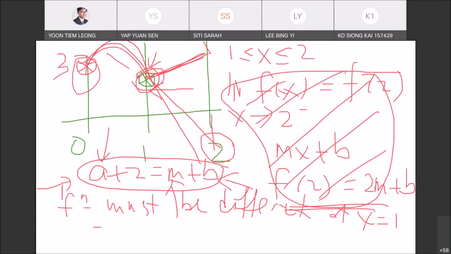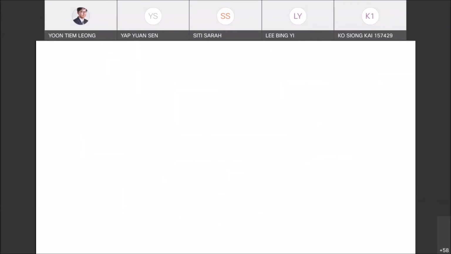With this understanding, we are able to write down another equation to solve for that.